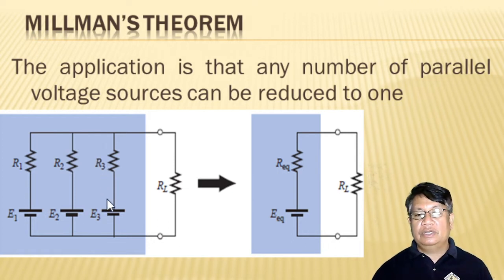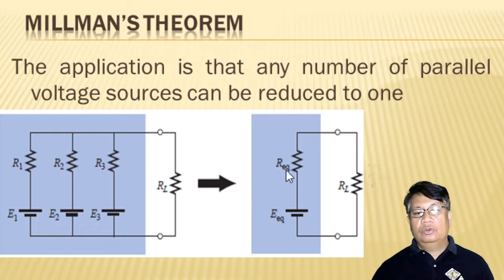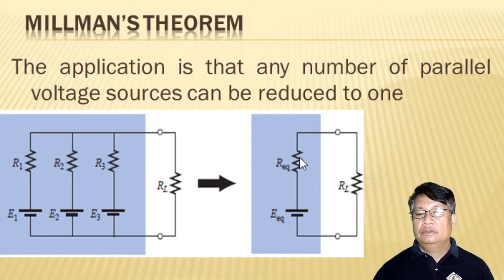Let us assume that we have this load resistance of R sub L. Millman's theorem will help us simplify how to combine these three voltages and these resistances, so our voltage sources here are reduced into only one voltage source.